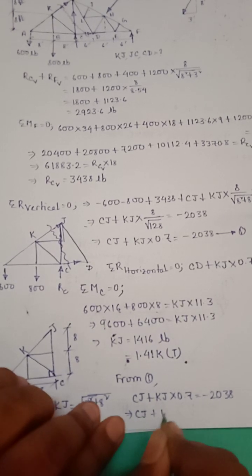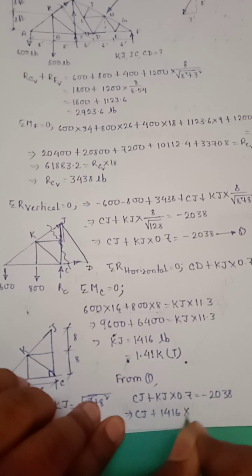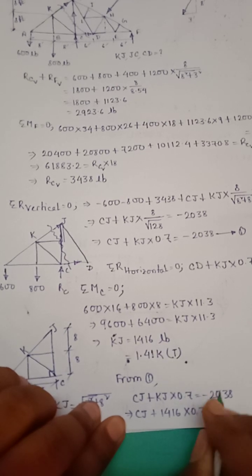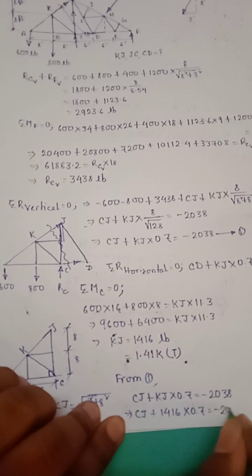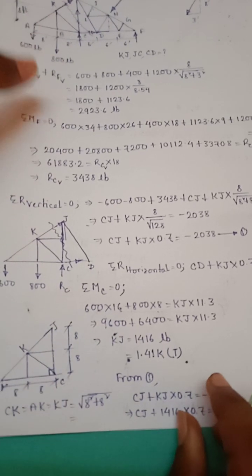CJ plus 1416 into 0.7 equal to minus 2038.